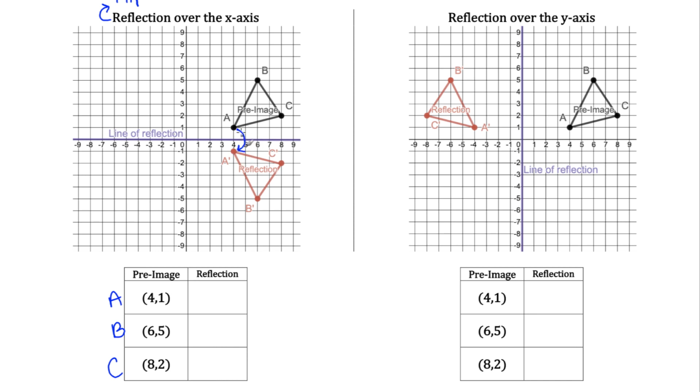So A, which was 4, 1, became 4, negative 1. B, which was 6, 5, flipped over and became 6, negative 5. And C, which is 8, 2, flipped over and became 8, negative 2.